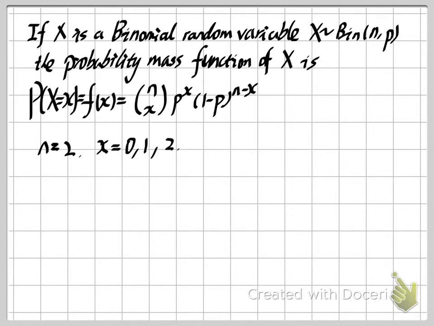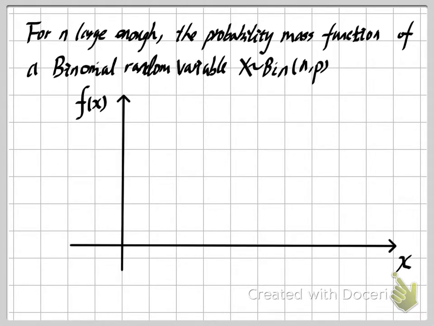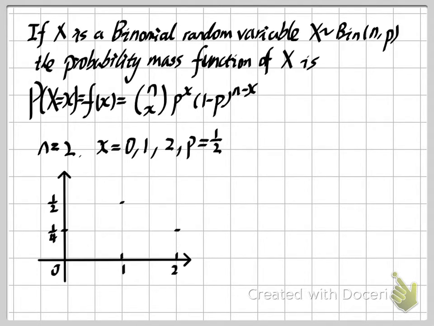So in this case, if you want to draw a graph of this PMF, we can have, for example, if I draw here, when we assume the probability p is equal to 1/2, then what is the value when x equals 0? By our definition of the PMF, we get the result 1/4.